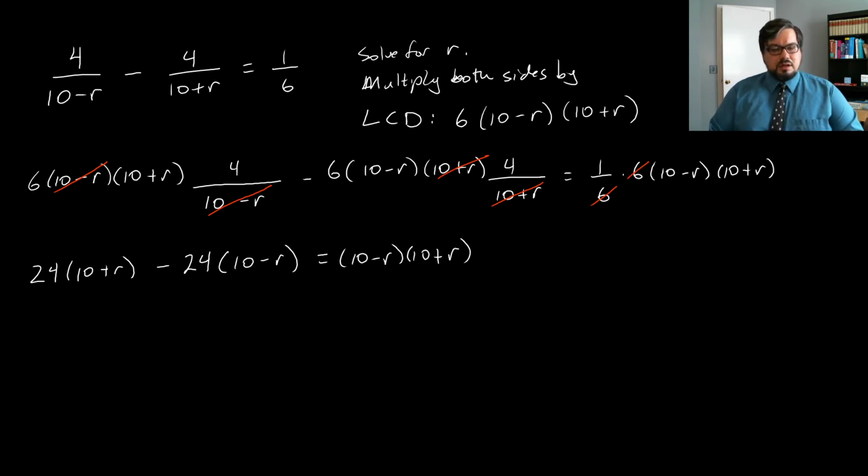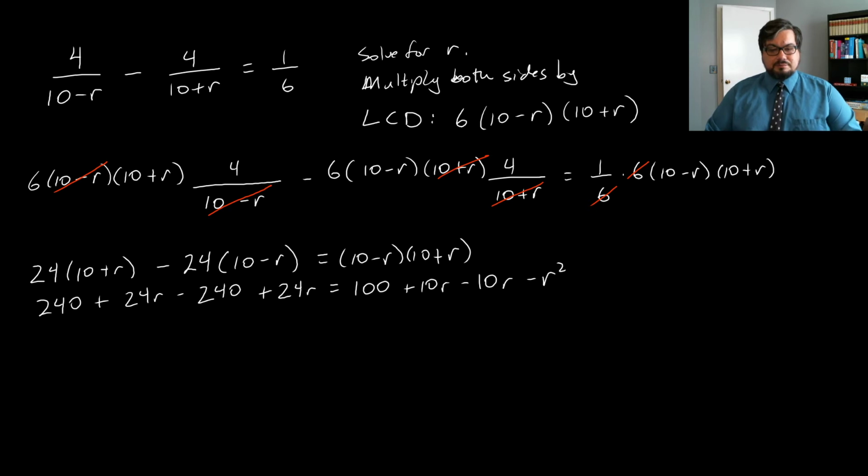Expanding all this out, we get 240 plus 24r minus 240 plus 24r when we distribute everything through on the left. And on the right, we get 100 plus 10r minus 10r minus r squared.